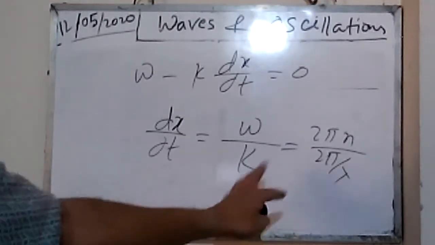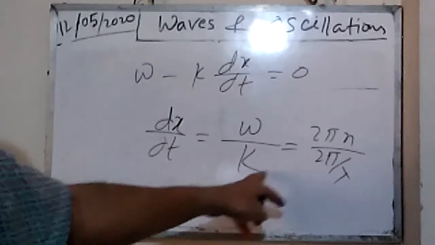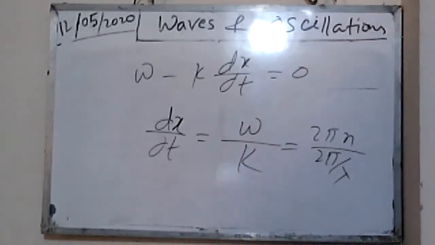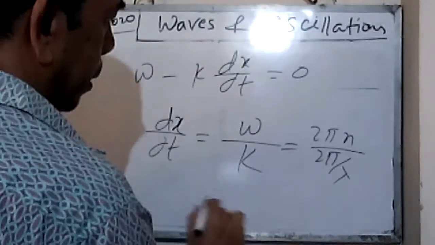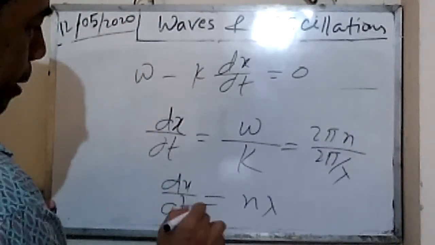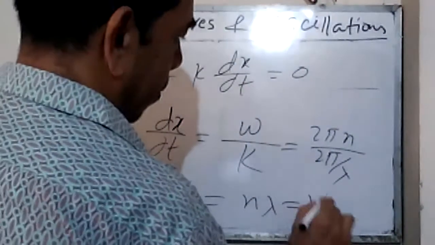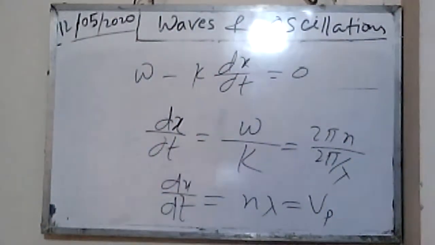Then the 2 pi cancels, and you get n lambda. So dx by dt equals n lambda. Dx by dt is the phase velocity and n lambda is the wave velocity.